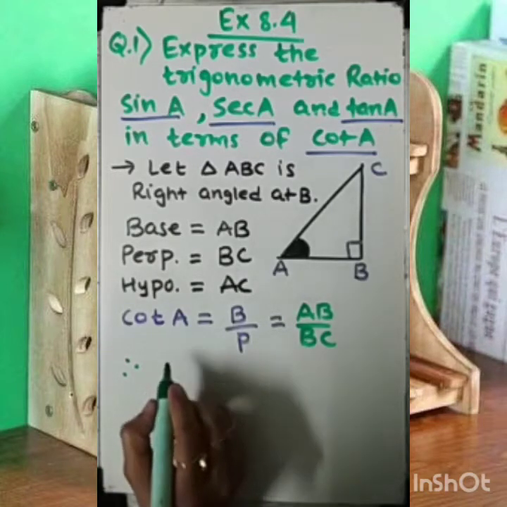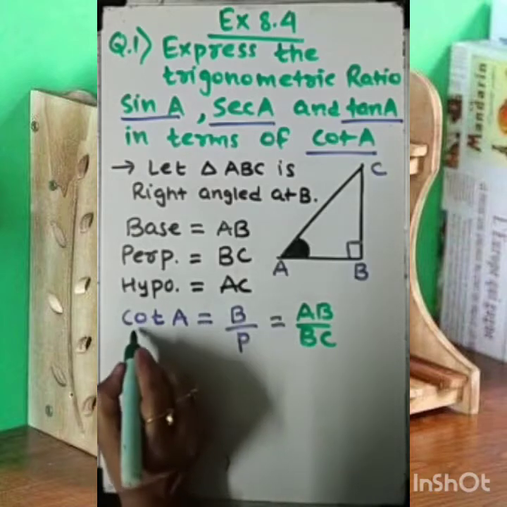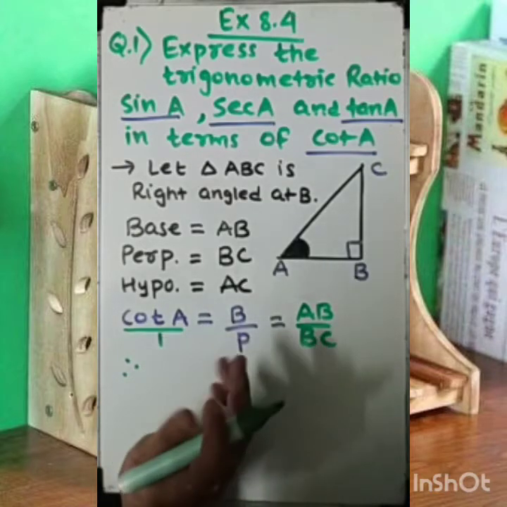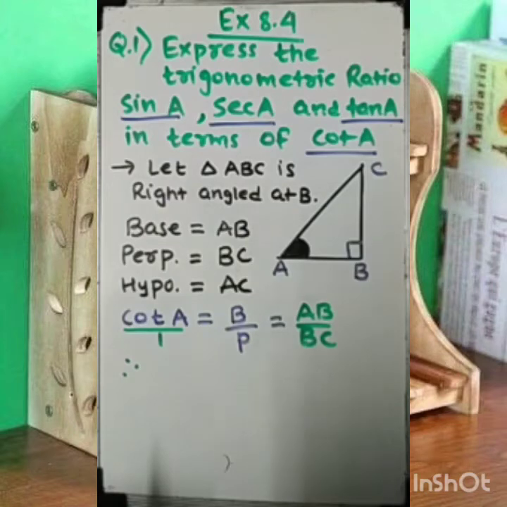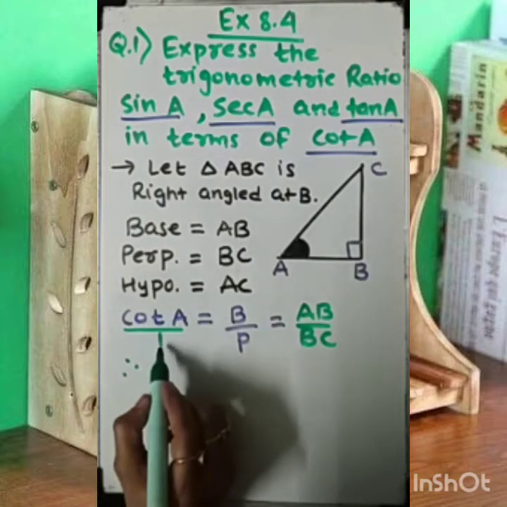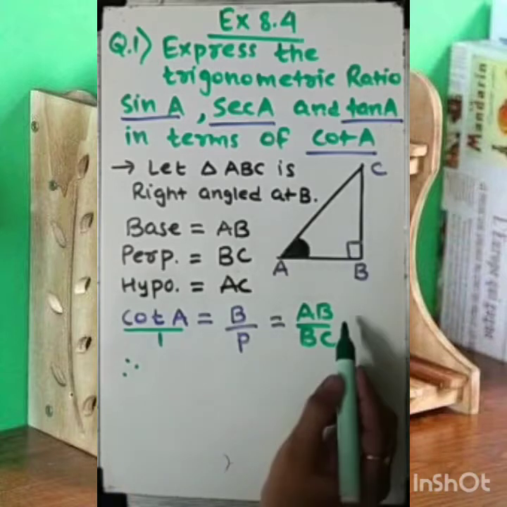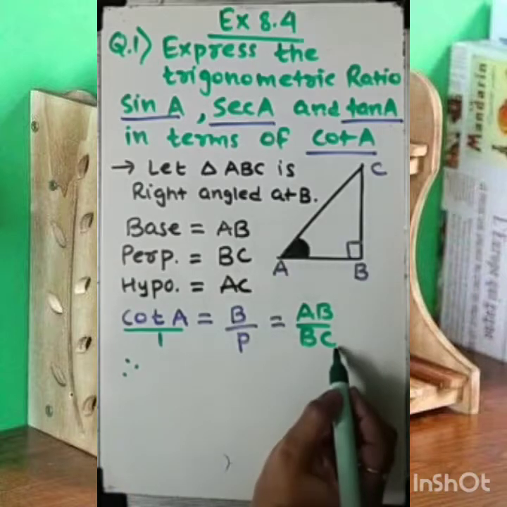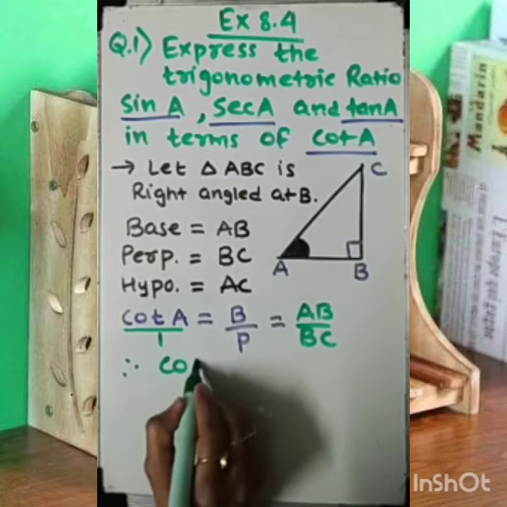So can I say cot A is equal to cot A by 1? If I say cot A upon 1, that is equal to AB upon BC. You can mention it also here.